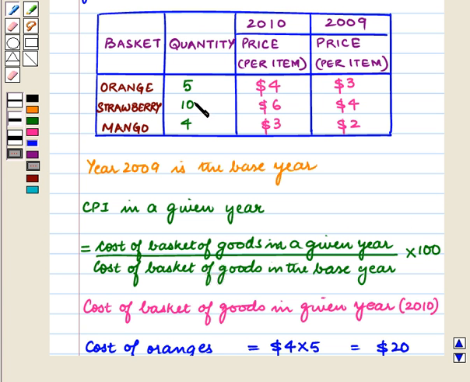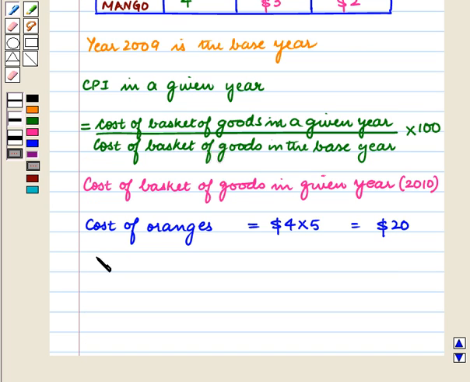The quantity of strawberry is 10 and the cost of each strawberry in 2010 was $6. So, cost of strawberries is equal to $6 into 10, which is equal to $60.